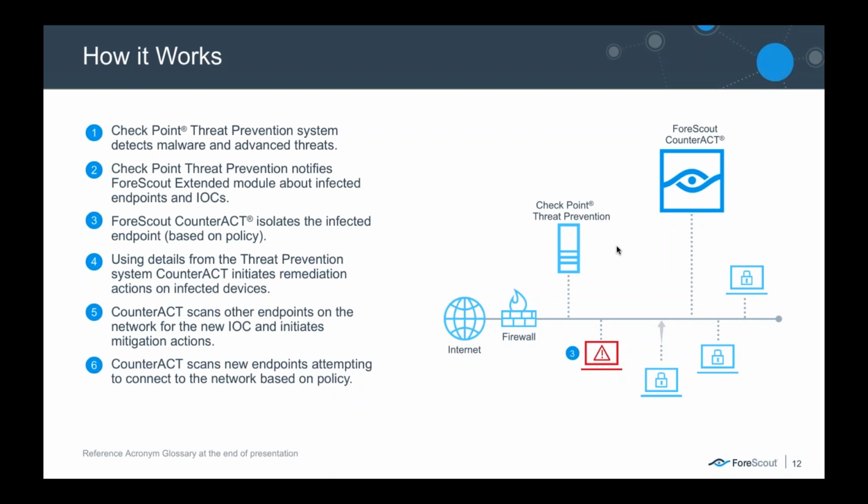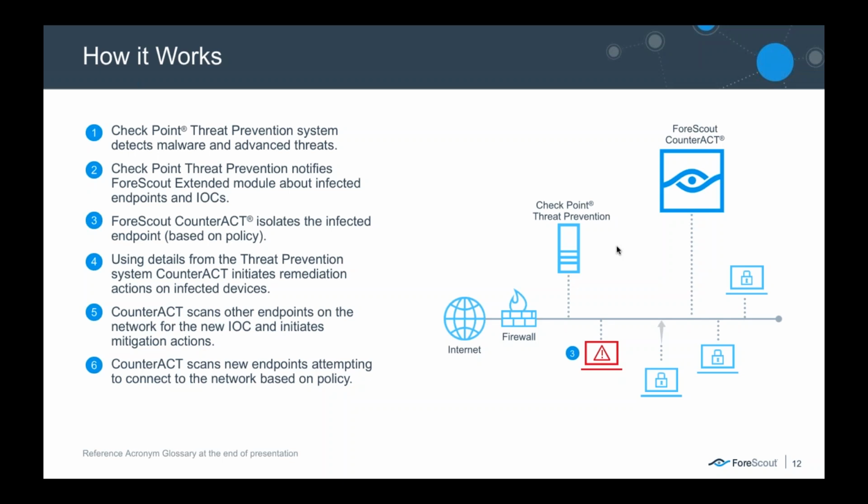Now, the next thing that happens there is that ForeScout is able to identify how that device has connected to the network. It will then connect through to the access device and can apply a control policy to restrict or remove the access that that device has to the network.